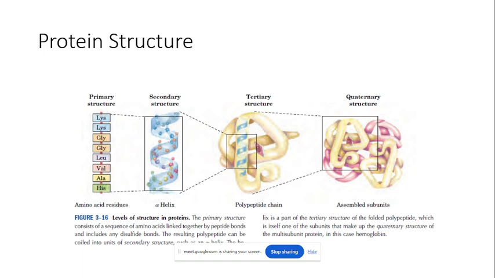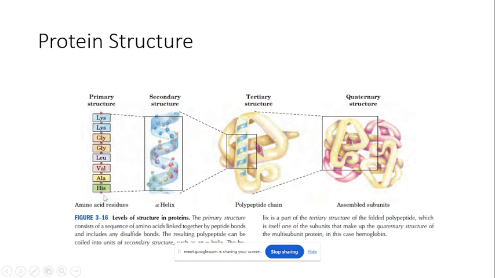Here I wanted to say that when the primary structure takes a shape, that can be achieved by intramolecular interactions. For example, this lysine can interact with histidine. Those interactions are van der Waals, hydrophobic, hydrogen bonds, and electrostatic interactions.